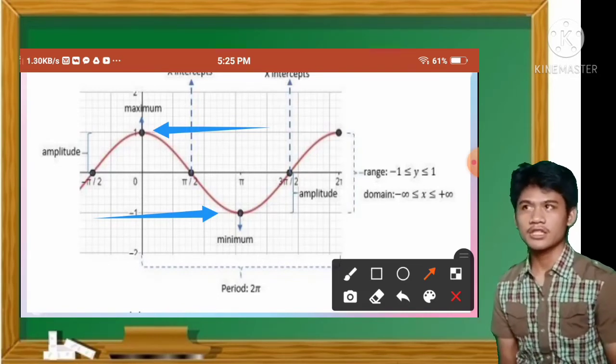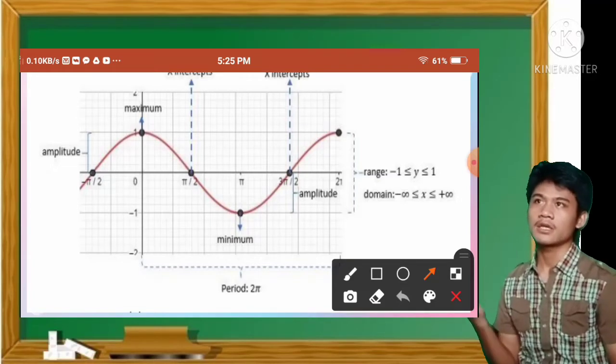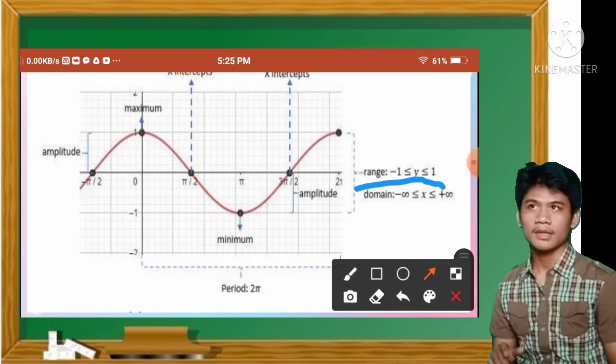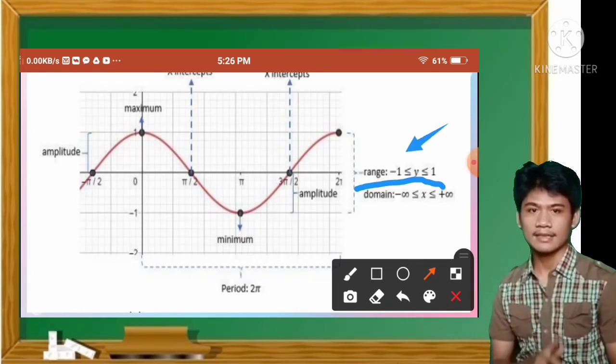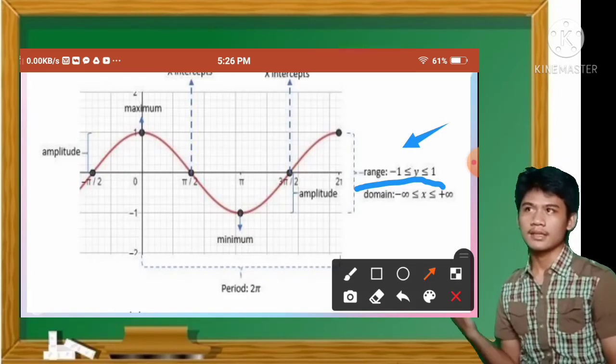So the range, from the given maximum point and minimum point, is -1 ≤ y ≤ +1. The domain is this.